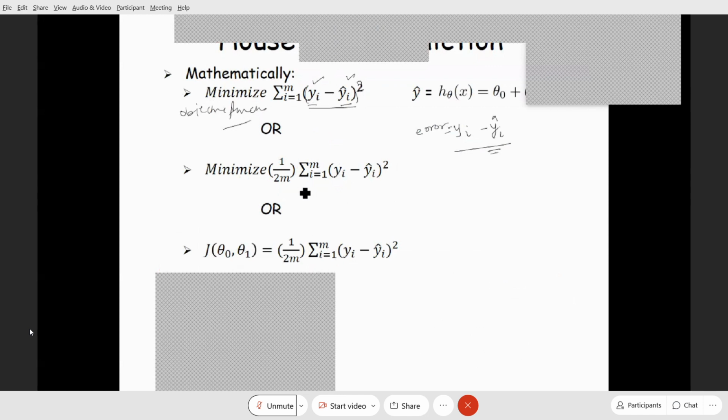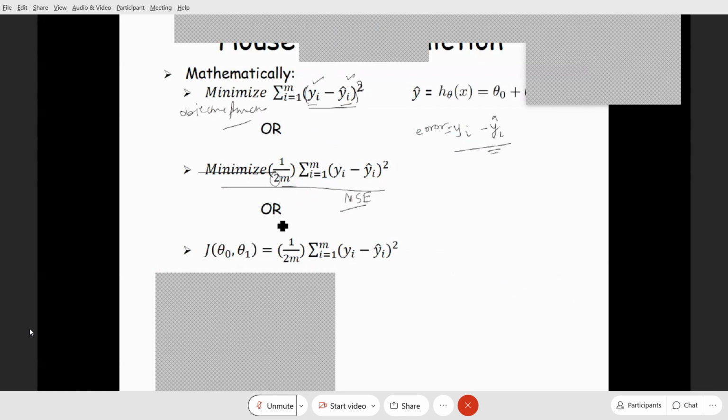This average is usually over m. Why do we keep 2? I'll talk about it in a while. For now, understand that we have added the squares of the differences and we are finding the average. That is also known as mean squared error. Mean, because we are taking the mean of the squared errors.